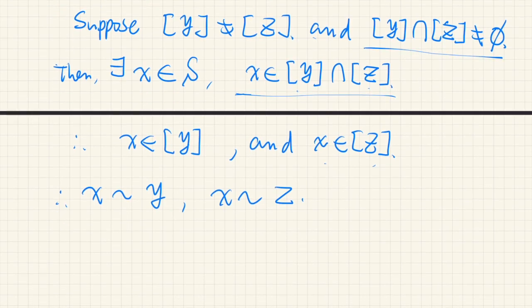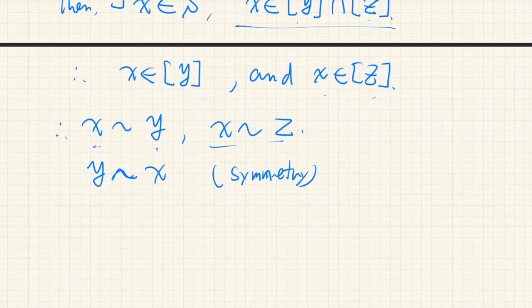And what does this mean? From symmetry, we can say y is equivalent to x and x is equivalent to z, because we're assuming this tilde is an equivalence relation, so symmetry holds.